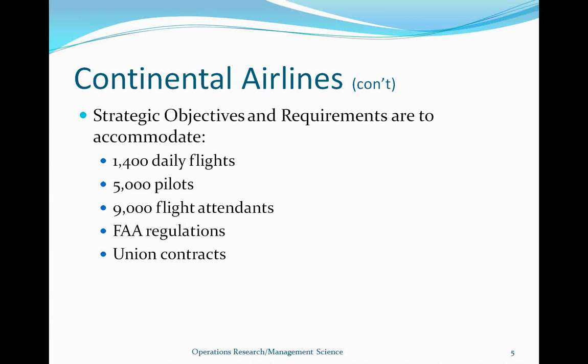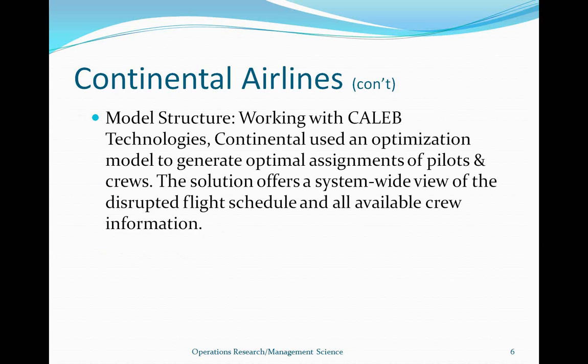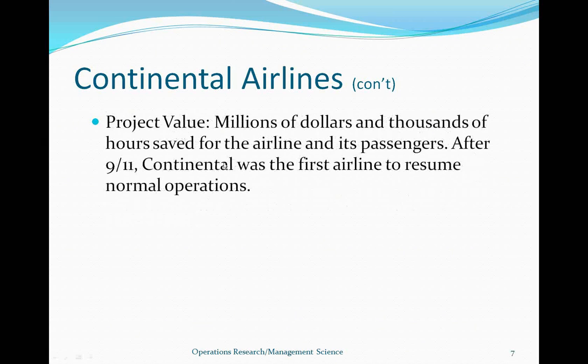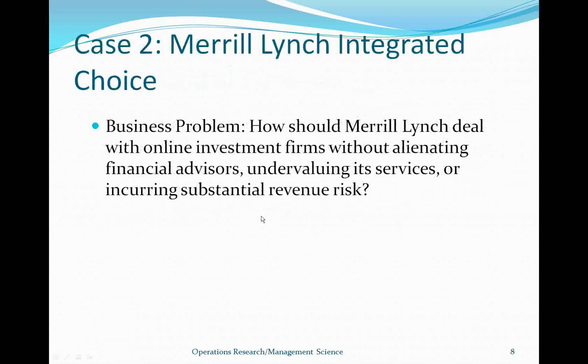Under those parameters, they did put in an optimization model to generate optimal assignments of pilots and crews, making sure that they really do not violate the union contract, that they can do only 8 hours, it cannot exceed more than 8 hours, either flight duration or work per day, and rotation and other things. They were able to save a substantial amount of cost through optimizing their operations.